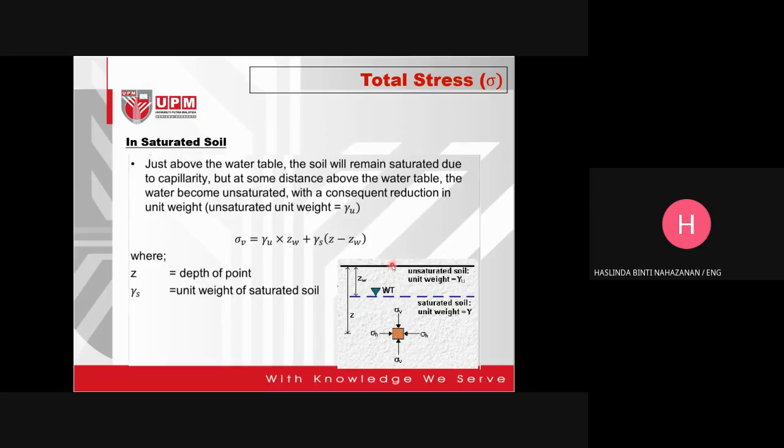Sometimes it can be the same material, but above the water table it is dry and below the water table it is saturated. So above the water table you need to use the unsaturated unit weight. It can be dry or bulk density, depending on the situation. But below the water table the total stress is always calculated with the saturated unit weight. So at this point we have gamma Zw, and then gamma saturated multiplied by Z minus Zw.